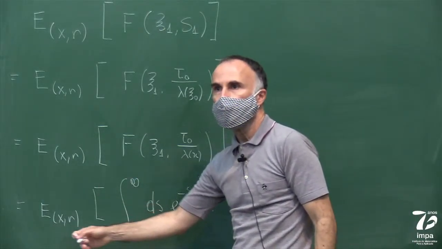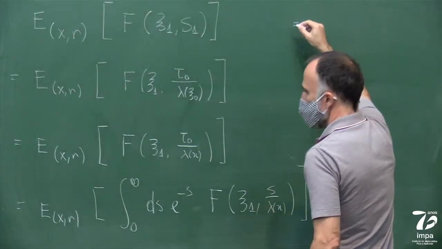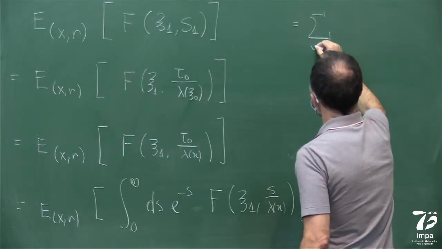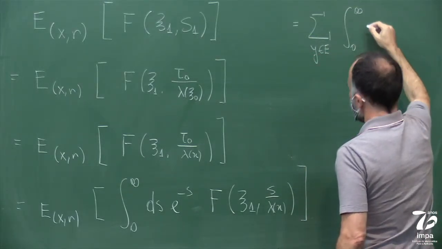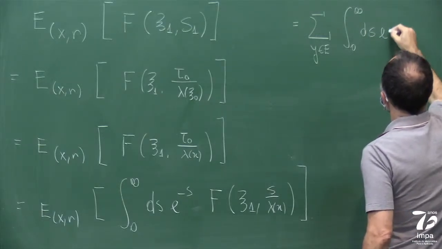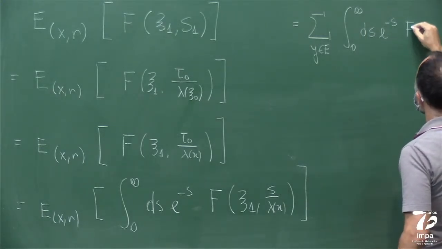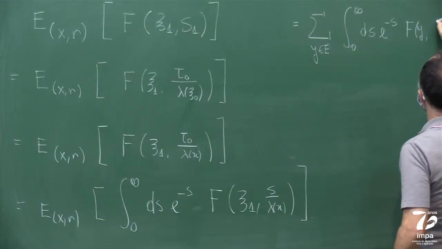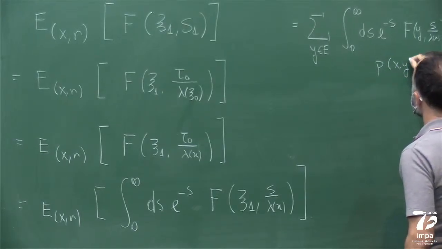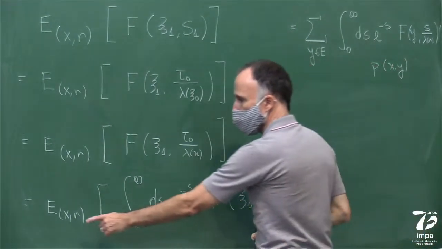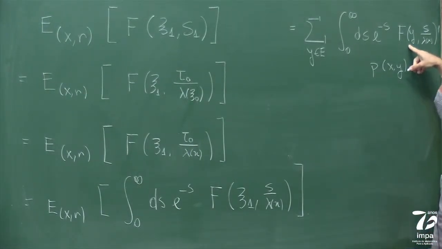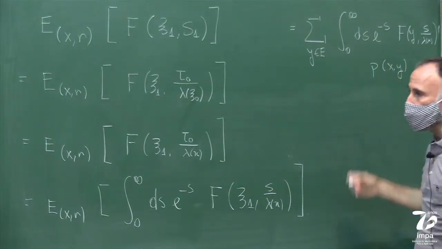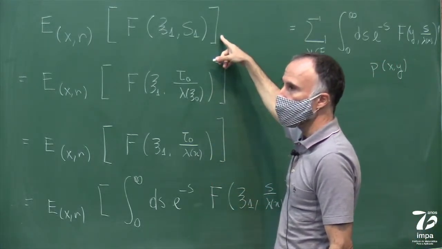It starts from x. So this expectation is equal to the sum over all y in E of the integral from 0 to infinity ds e to the minus s of f of y, s divided by lambda of x, times p xy. So it's the probability that the chain jumps from x to y, which is p xy. In that case, I'm at y, and this is equal to that. Okay, so this is the computation here.